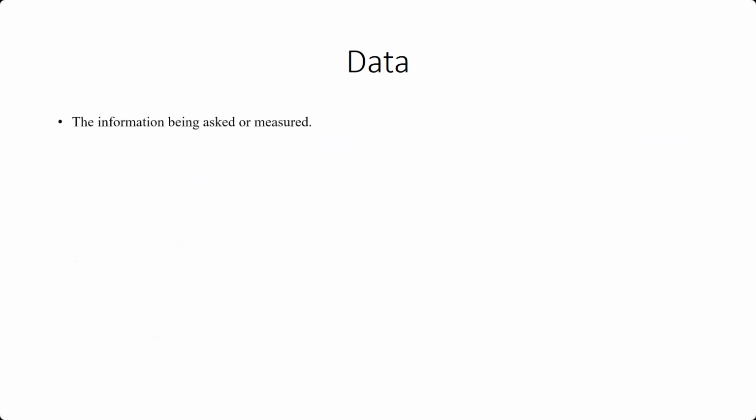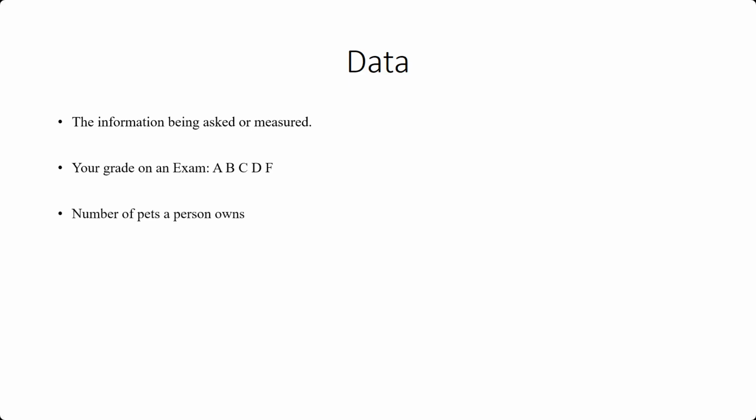Data is the information being asked or measured. So when you have these 25 people that are in your sample, or 25, could even be an animal, what are you asking them? What are you measuring? That's the data. Could be the grade on your exam, A, B, C, D, F. The number of pets a person owns.